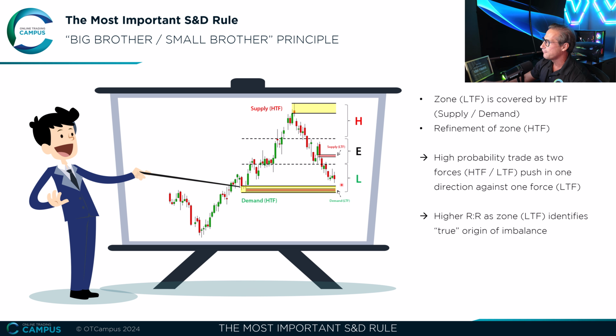And now, if you go to a lower time frame and you see some opposing zones, supply zones on the way, well, you could, conceptually speaking, disregard these lower time frame opposing zones because you are trading with the strength of the higher time frame zone.